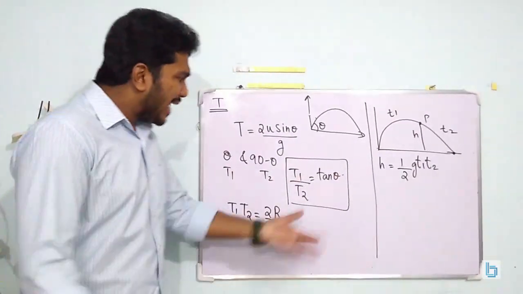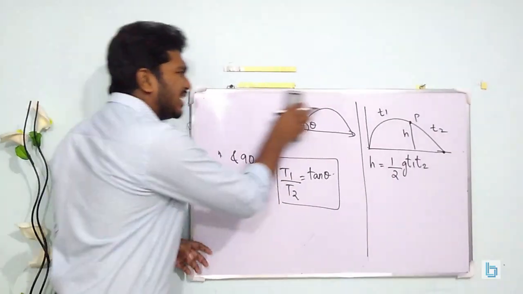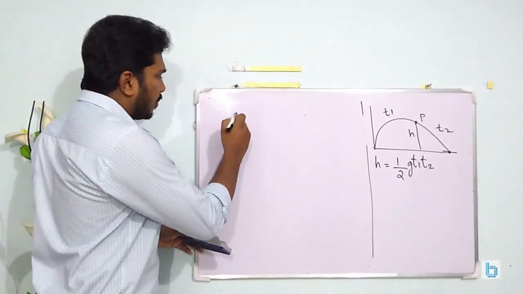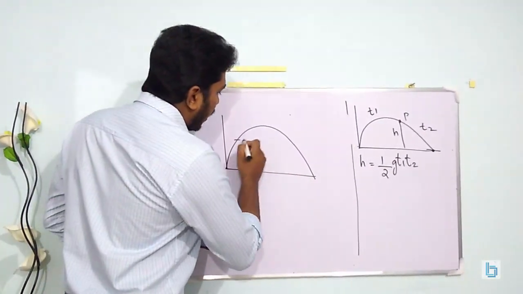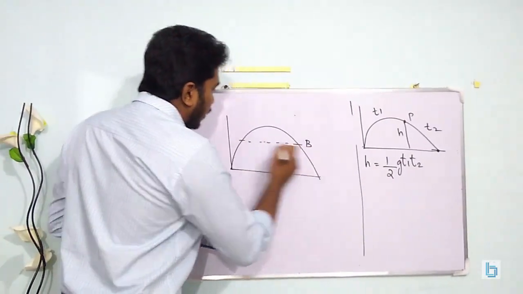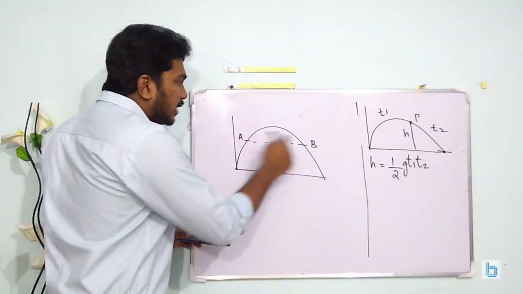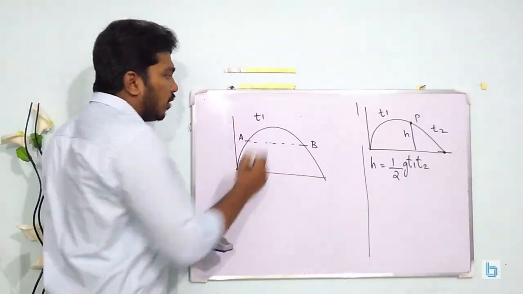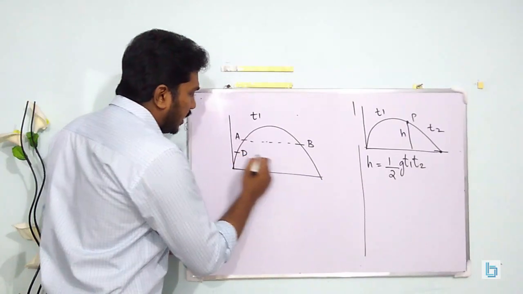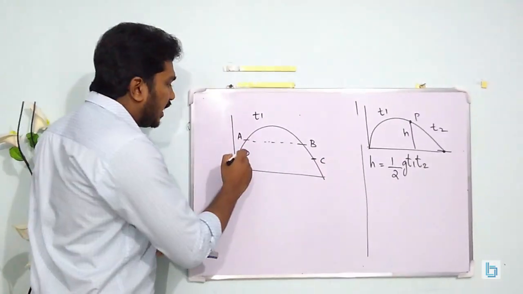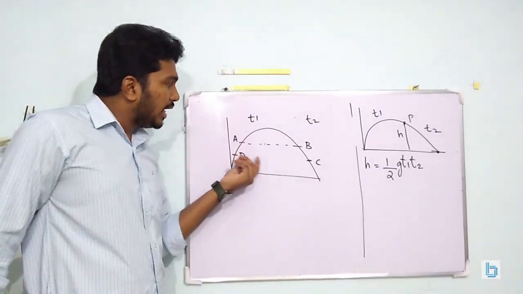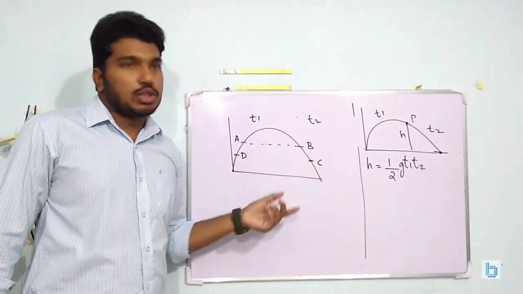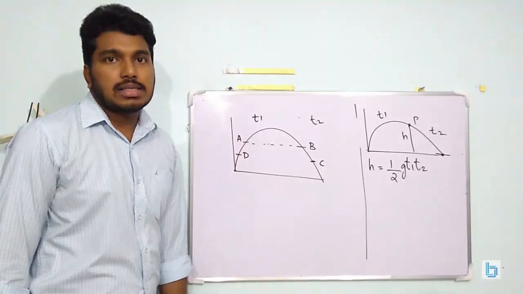Suppose another case, where I have a projectile motion again described here. Point A and point B are at the same level. A to B the time covered is t1, and another pair of points D and C, D to C the time covered is t2. A B are at the same level, D C are at the same level.